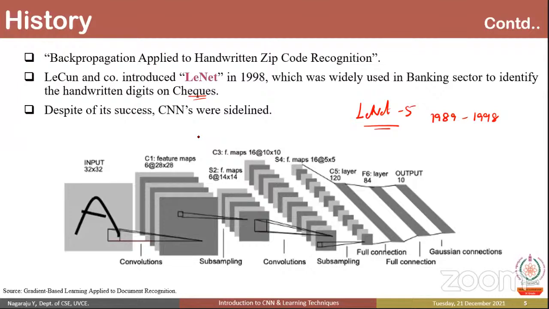But even though they succeeded in recognizing handwritten digits on text, and the accuracy was very good, the CNN started to fade out.